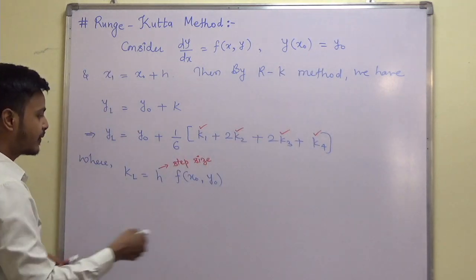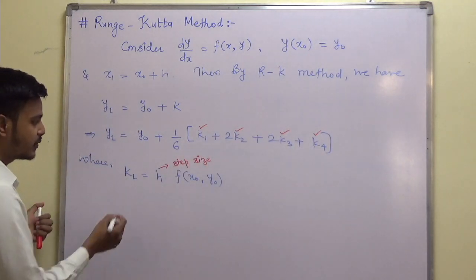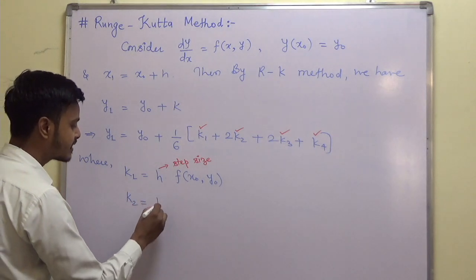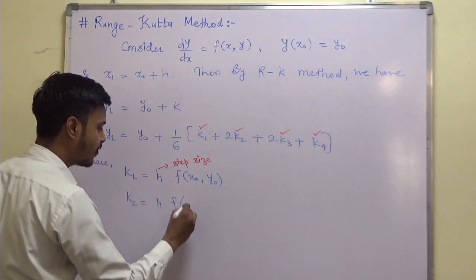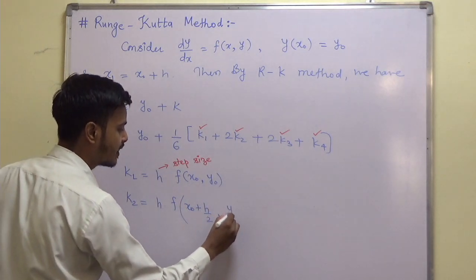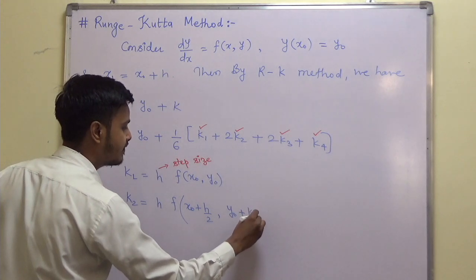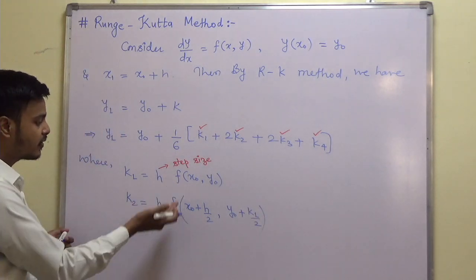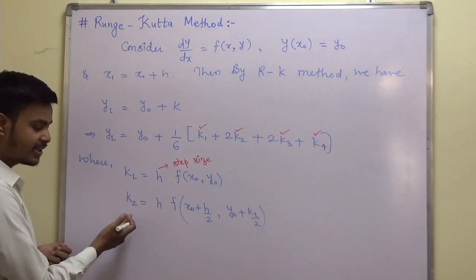Now like k1, we are going to find k2. k2 is h into f of x0 plus h by 2, y0 plus k1 by 2. Looking at the pattern of the first two, can you tell me the third one?